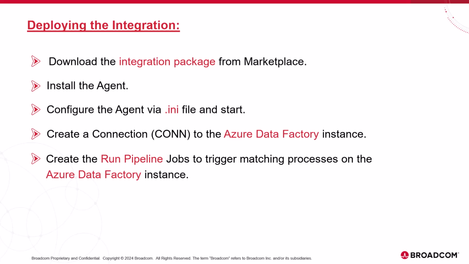We match these Automic Automation jobs to the Azure Data Factory jobs, reference the connection object, and run them. We're able to supervise the jobs, generate logs, and retrieve the statuses. The jobs can then be incorporated into non-cloud workflows.